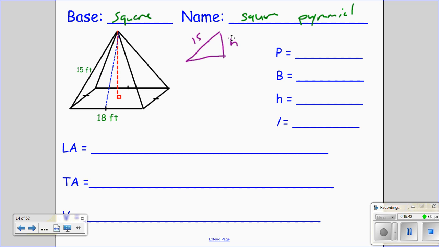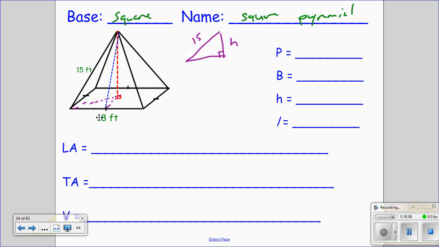Here's our 3D height, and there's a right angle right here. Where the bottom piece is coming from is half of a diagonal. If I were to draw it, the half of the diagonal is what we need to find as well.